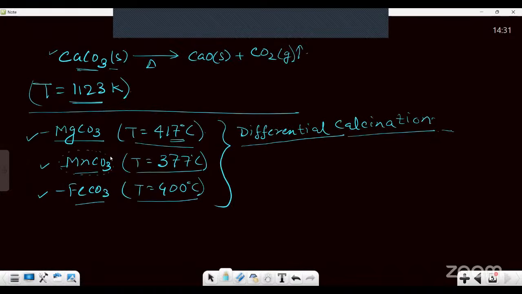So MnO plus CO2 will form when MnCO3 decomposes. Then at higher temperature, the calcium carbonate will decompose, followed by the magnesium carbonate. So depending upon which carbonate is more stable, the more stable your carbonate is, the higher the temperature you need in order to decompose it.